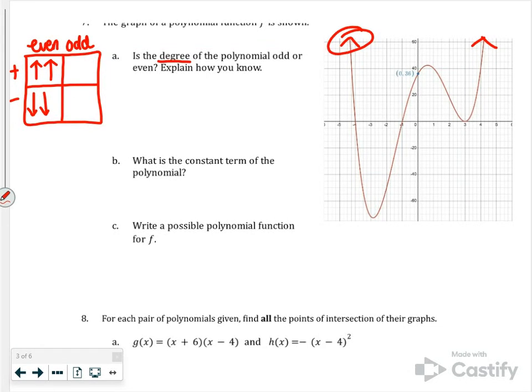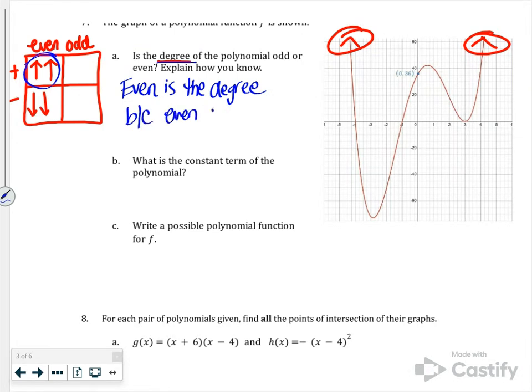So we have an up-up pattern. So that means that we are dealing with this right here. So when I'm asked about the degree, is it even or odd, I'm going to say even is the degree, because even degree functions have arrows in the same direction.